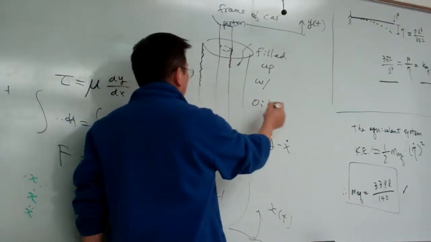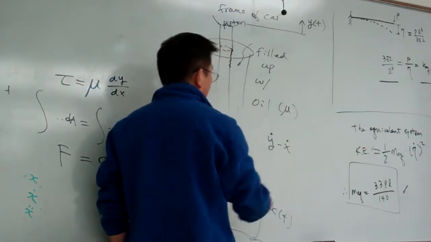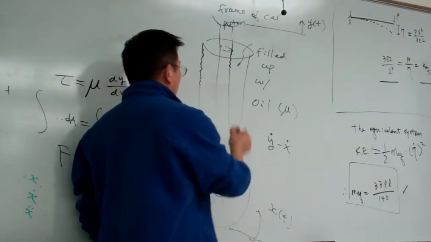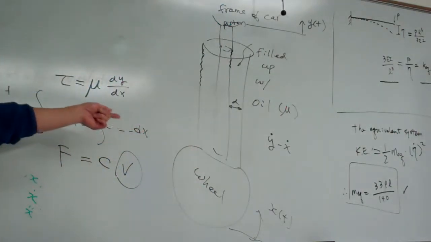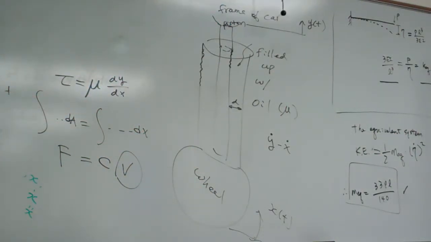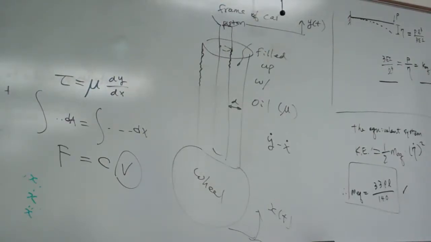And mu is the viscosity of the oil. And D basically is the distance here. For any kind of suspension, you can do a very rough estimation to determine the damping constant there. So that's one example.